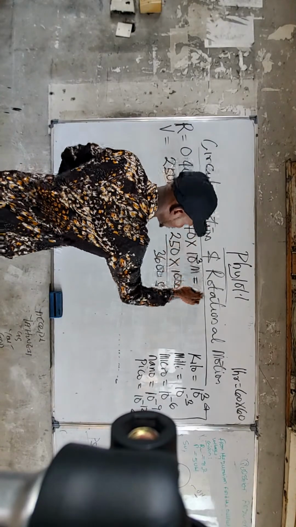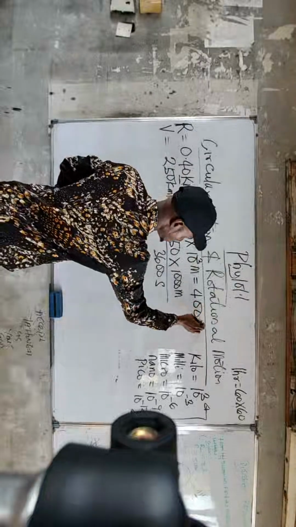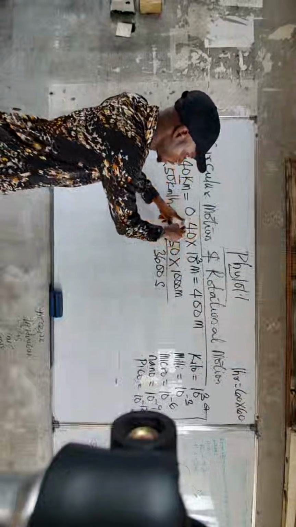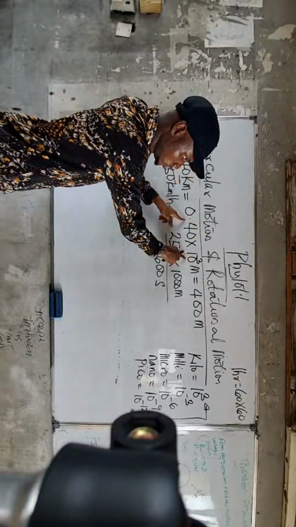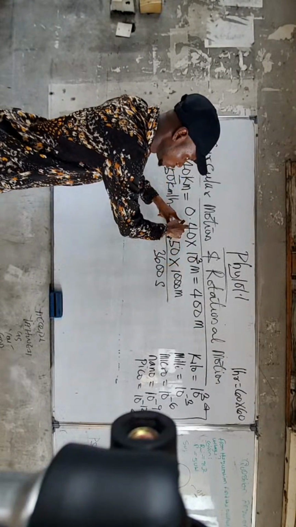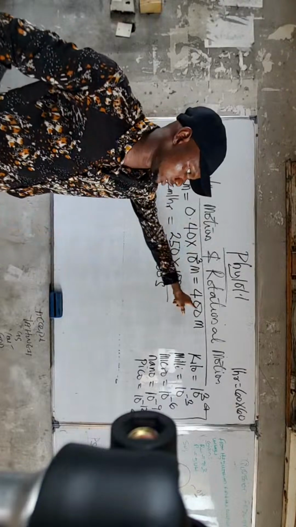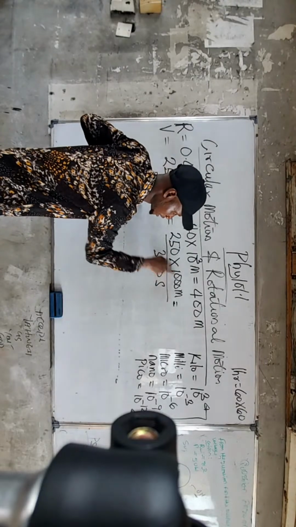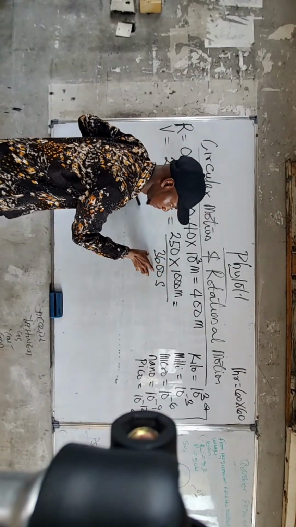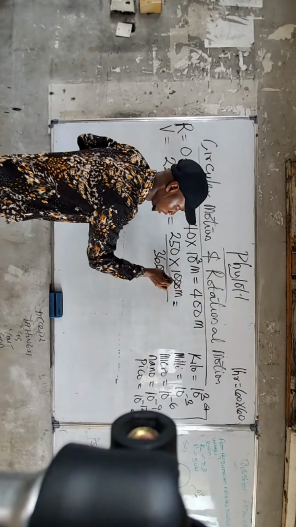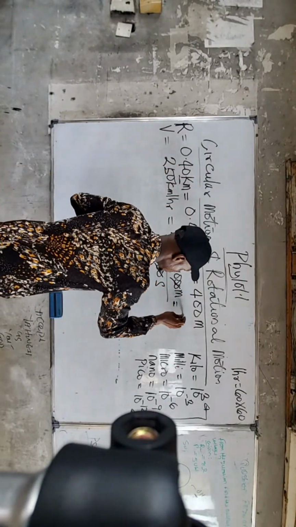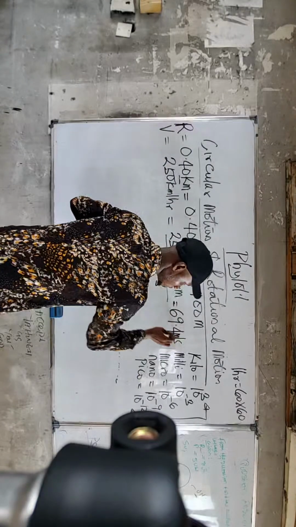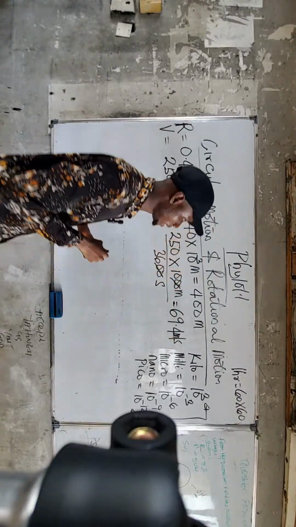This will be 4, 0 in what? In meters. So this one will take it out. It will remain only 10 raised to the power of 2, which is 100. So 4 times 100 is going to give us this. Then now let's get this one here. So 250 times 1,000, divide by this. What's the answer? 69.4 meter per second, right? Okay, everything right? That means you have converted here.